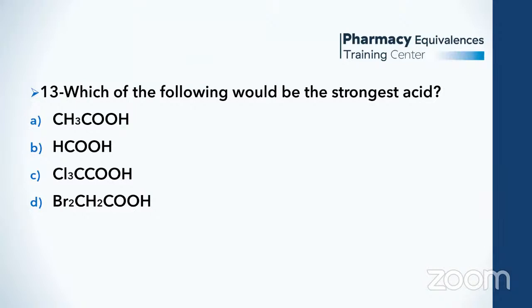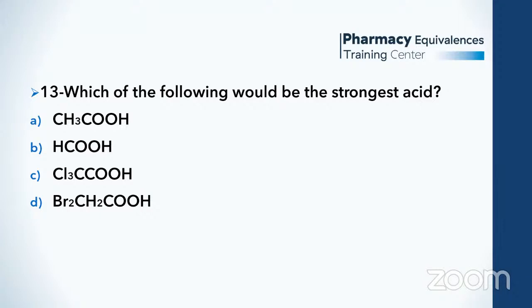The comparison between acidity of compounds. Here we have 4 carboxylic acids. We want to compare their acidity and find which is the strongest one among these choices. Let us see.